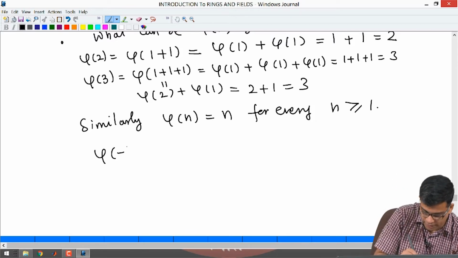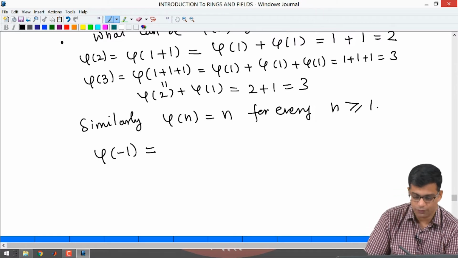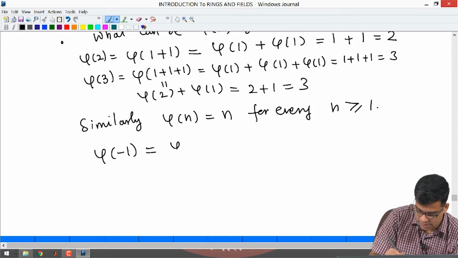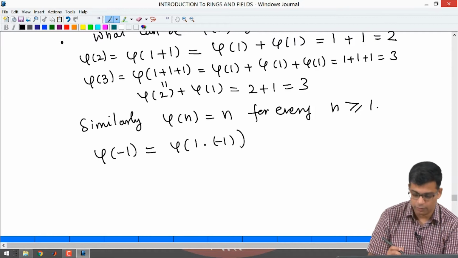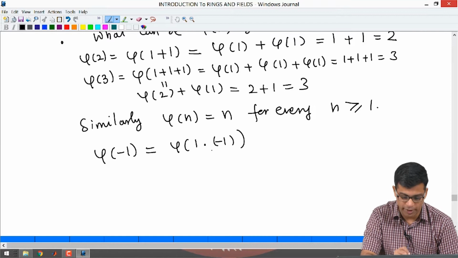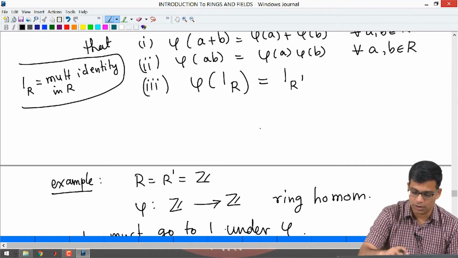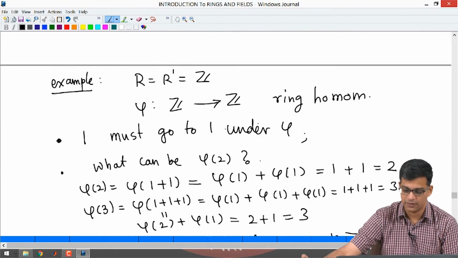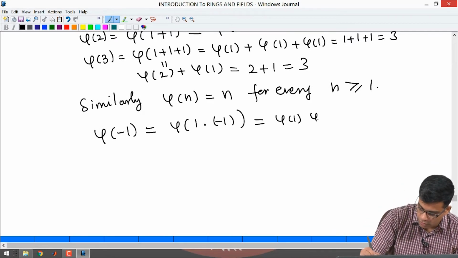So, now let us look at negative numbers. What is phi of minus 1? Phi of minus 1 is equal to phi of 1 times phi of minus 1, because minus 1 is 1 times minus 1, but because of the second property of ring homomorphism in the list that I wrote here, phi of A B is phi of A times phi of B. So, phi of 1 times minus 1 is phi of 1 times phi of minus 1.